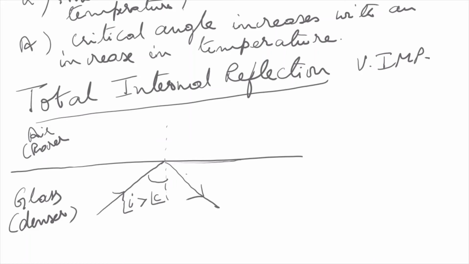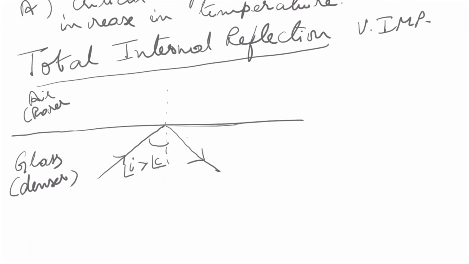So if angle of incidence is greater than the critical angle, then what happens? The light ray reflects back into the denser medium, and this phenomenon is called total internal reflection. Okay, so let me define total internal reflection.